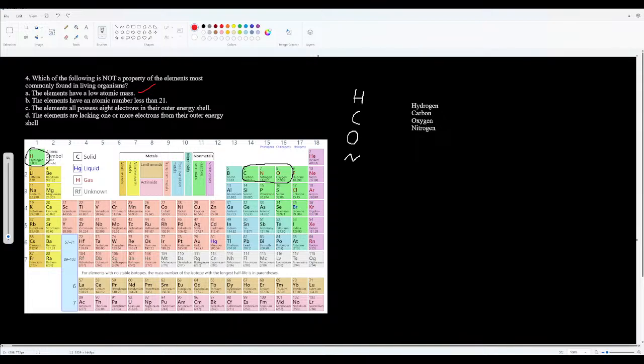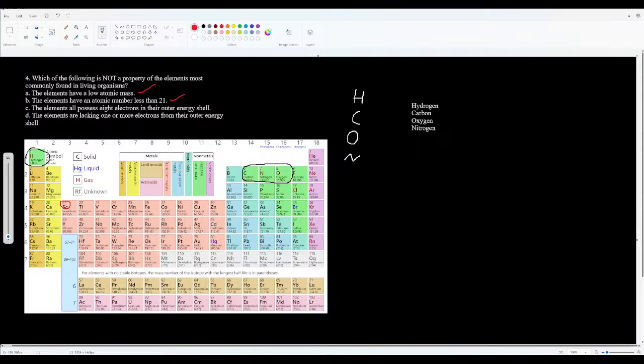That's a lot, right? So we could say that is a property of elements found in organisms. Well, how about elements have an atomic number less than 21? That's also true, because where's 21? Scandium, right? Well, we have 1, 6, 7, and 8. That's less than 21, right?